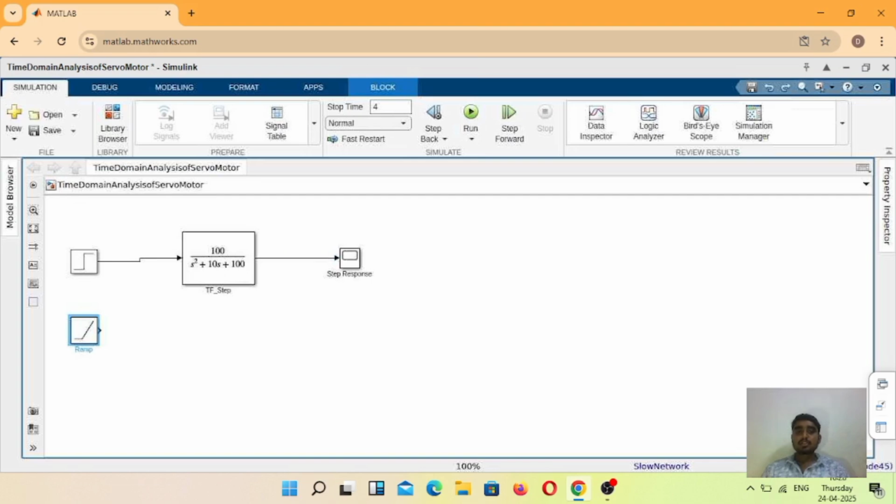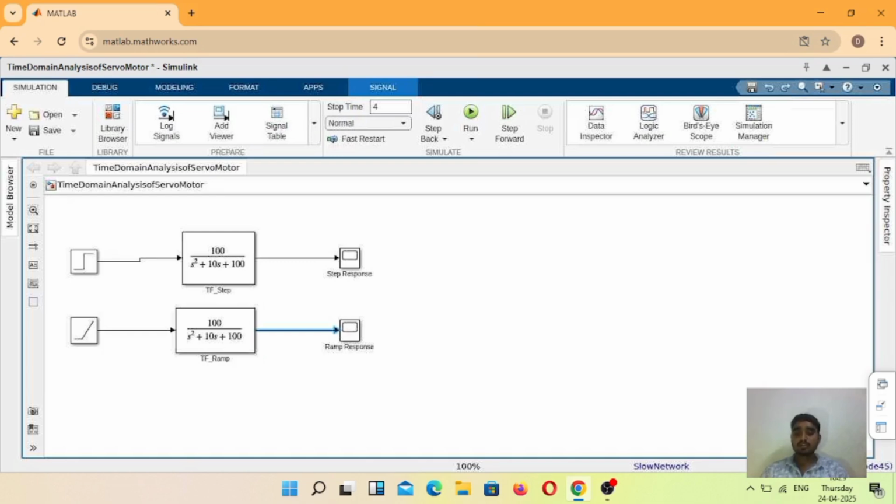Next I will get the ramp signal and another transfer function, connect it to the ramp signal, and get a scope to connect the second order system to, to view the ramp response output of the servo motor.